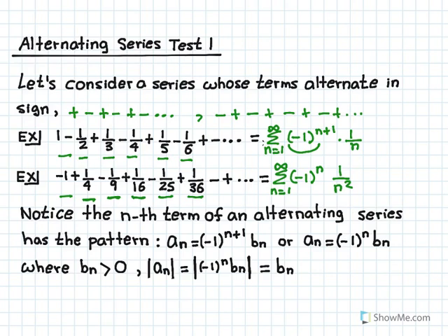Notice the nth term of an alternating series has the pattern a_n is equal to minus 1 to the n plus 1 times b_n, or a_n is equal to minus 1 to the n times b_n. And the factor negative 1 to the n or negative 1 to the n plus 1 is what makes it an alternating series, where b_n is positive, and if you take the absolute value of a_n, we get the absolute value of negative 1 to the n times b_n, and the absolute value makes it positive, and we just get b_n.